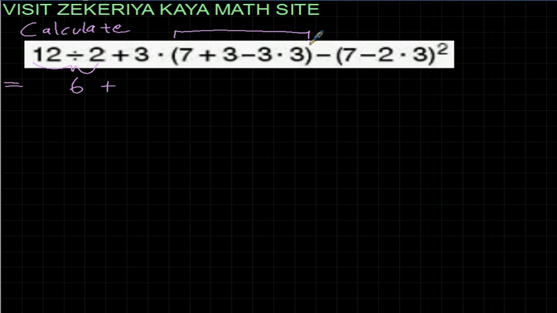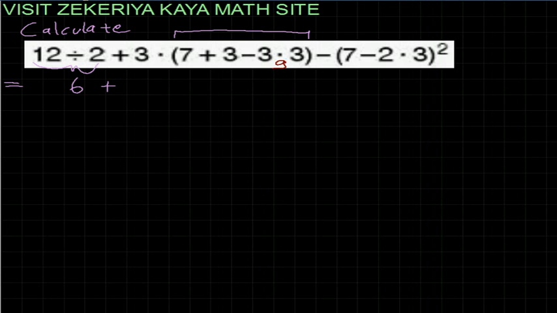So I must do the multiplication first. 3 times 3 will be 9. Let's change the color, that 9 is not visible. 3 times 3 will be 9. Look at that. 7 plus 3 minus 9. We must do it from left to right. 7 plus 3, 10. 10 minus 9 will be 1.